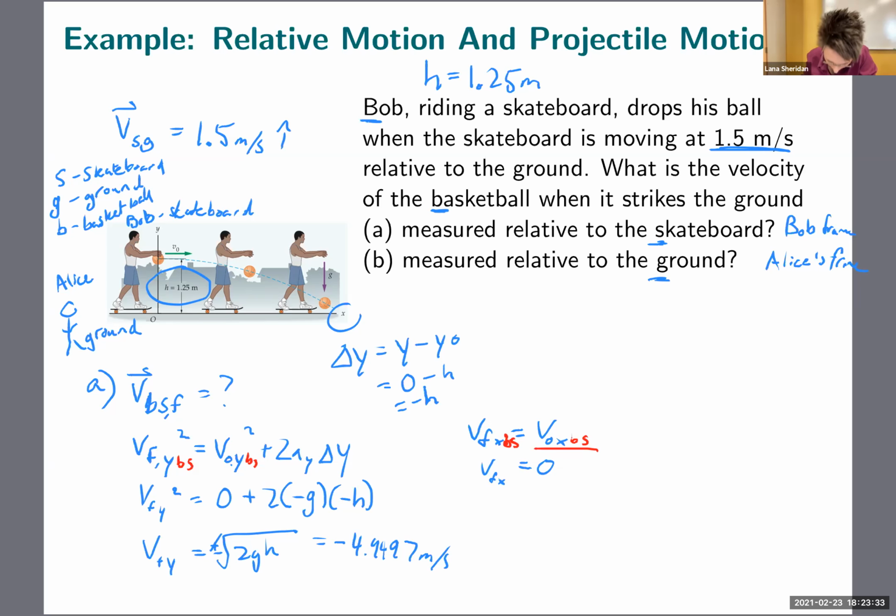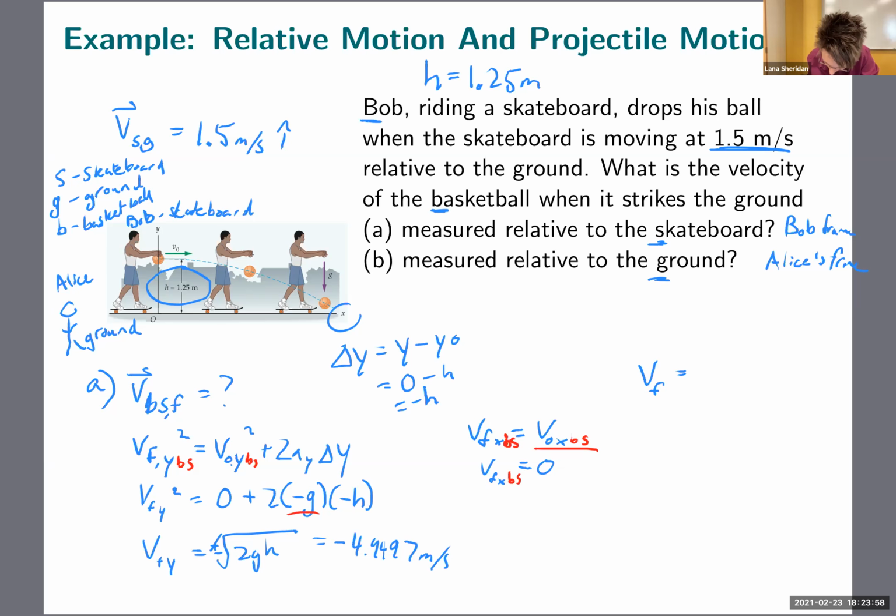So the x component of the velocity in this frame is always going to be 0 at all later points. But the y is not, because it's accelerating downward according to gravity. When we put these together, the final velocity is, do we want the speed?